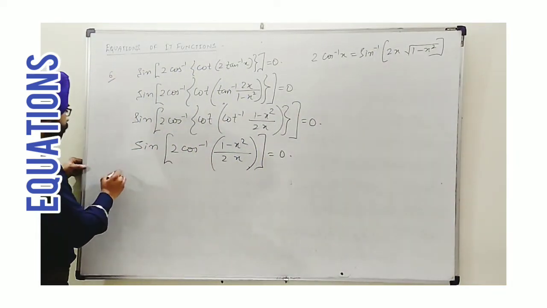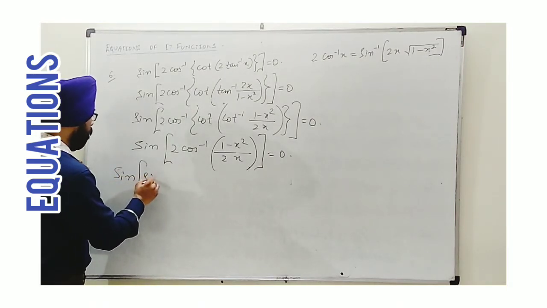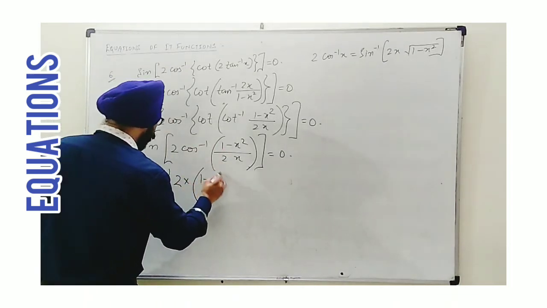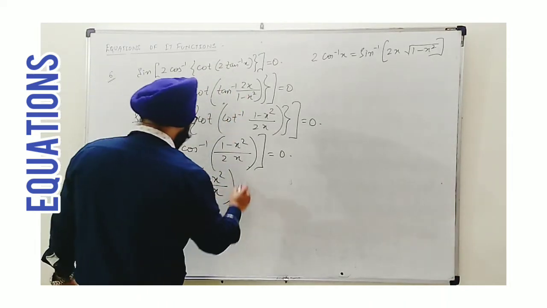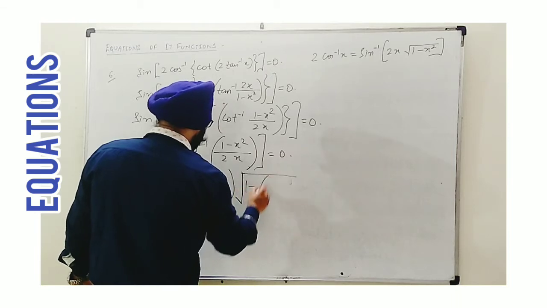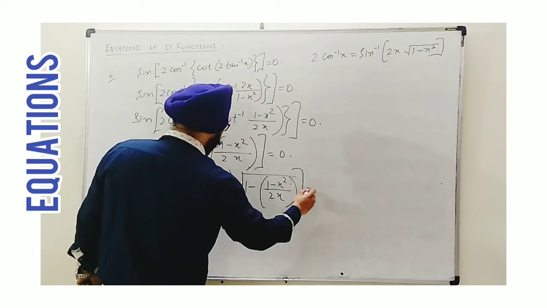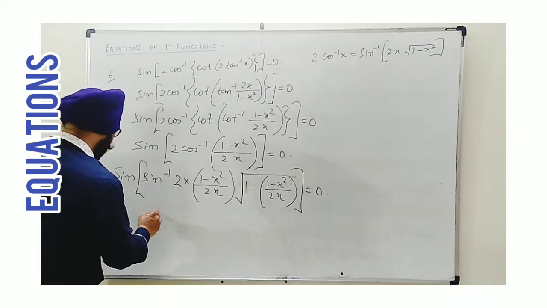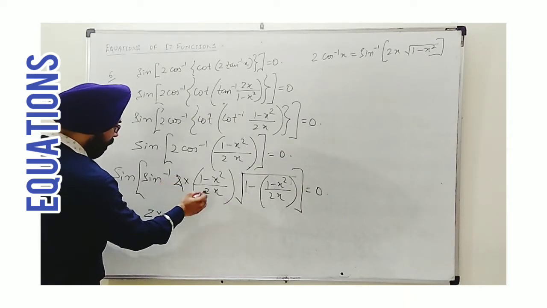So this will become sin⁻¹ of twice of x, meaning this whole value, 2x√(1 − x²), applied on this expression. Obviously sin and sin⁻¹ cancelled out. Now we are left with the expression.